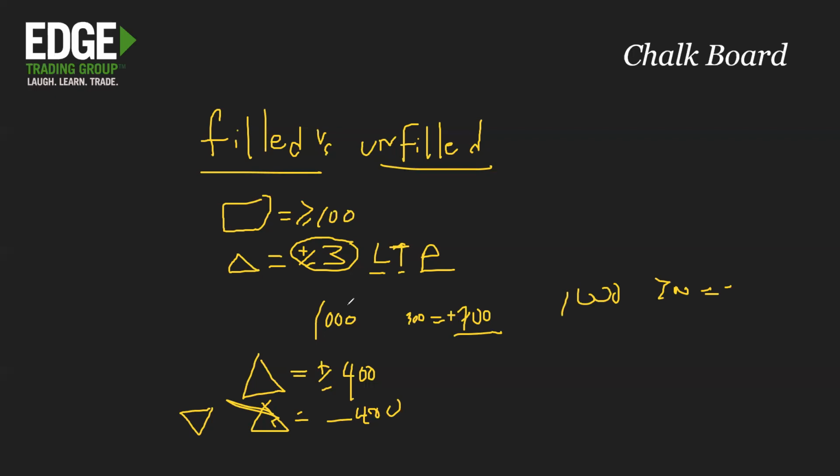And also see rejection, see if the price is doing what it's supposed to do. But if you guys don't understand the difference between filled and unfilled, you have to get there. Filled and unfilled. These and the triangles are unfilled orders at the time we see them. And they're greater imbalances.